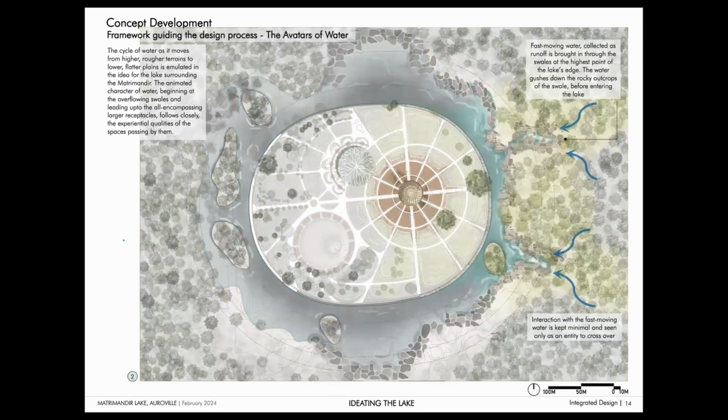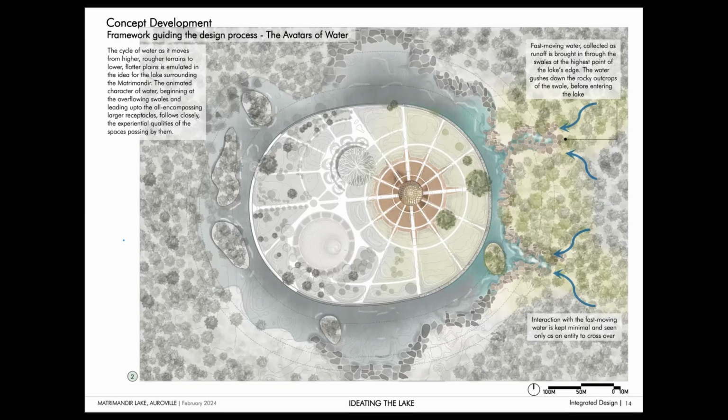So the other larger idea that we are working with. As you will notice, towards the east is from where the main watershed flows of the city happens, moving towards the Matrimandir.